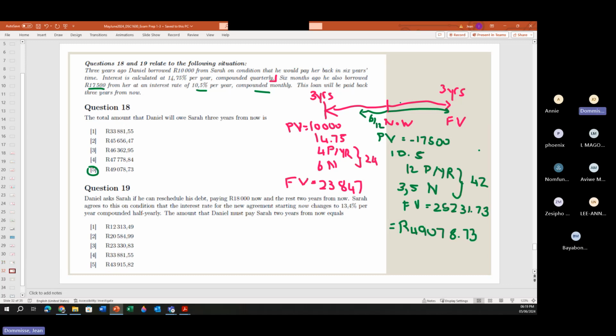What they actually want, they're not worried anymore about that 49,000 that is paid in 3 years' time.